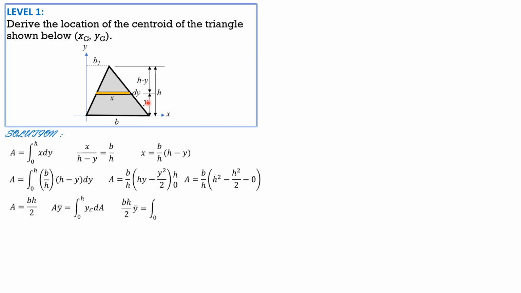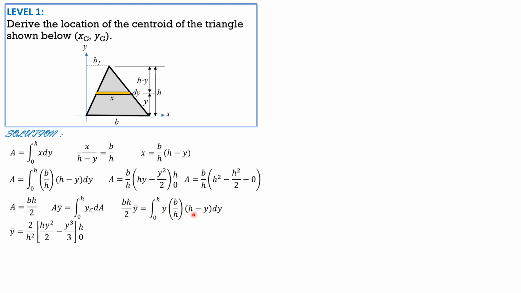So bh over 2 times y bar equals the integral of y sub c, which is just y, times b over h times h minus y dy. So y bar therefore is 2 over h squared, after we cancel out b, times the integral of hy minus y squared after we distribute.